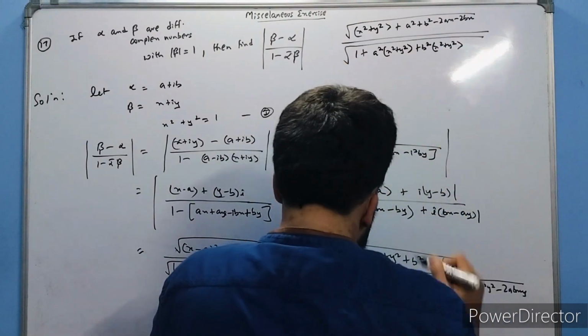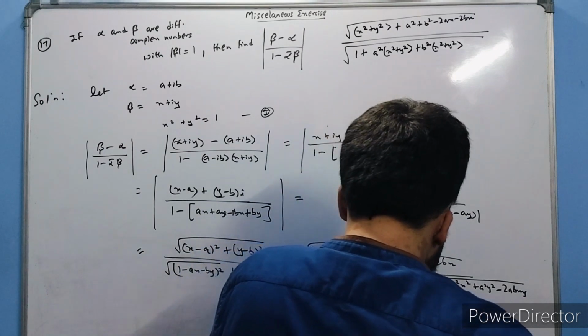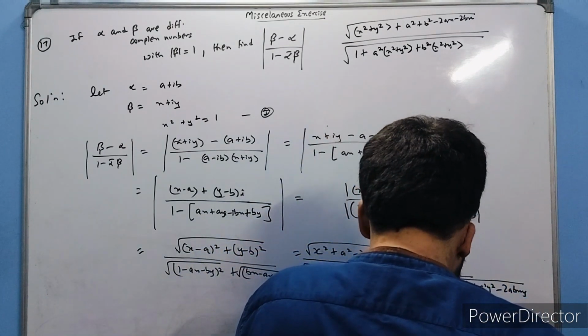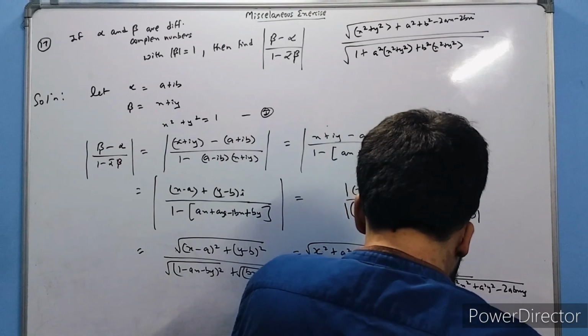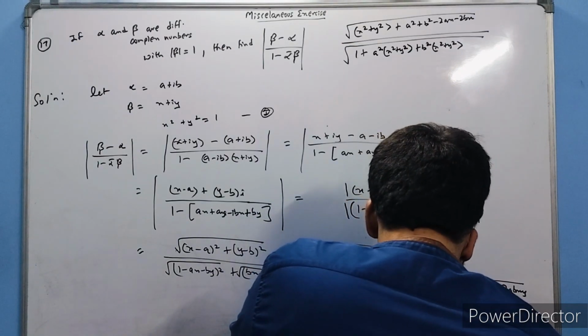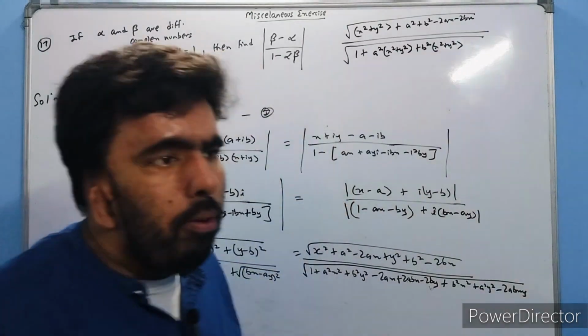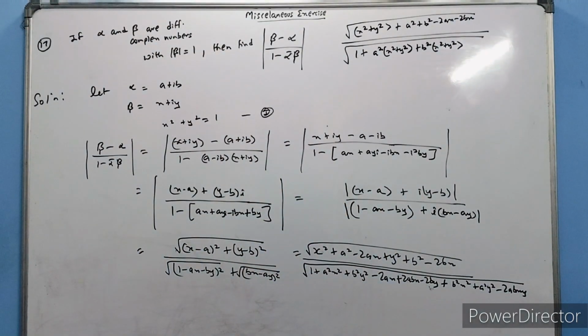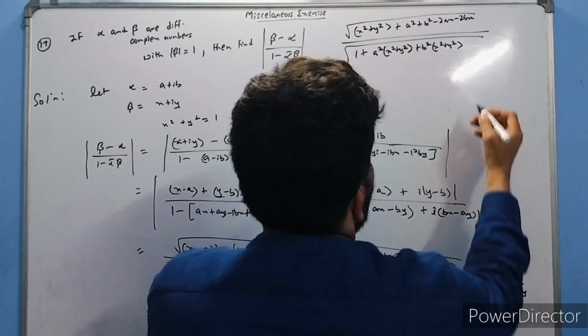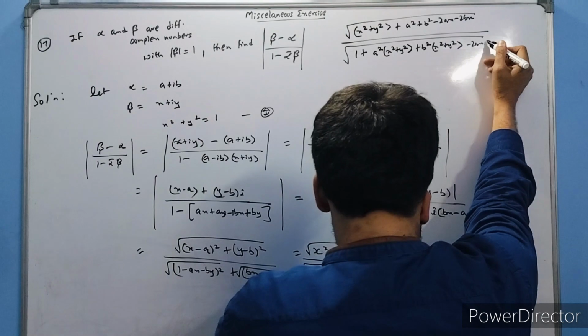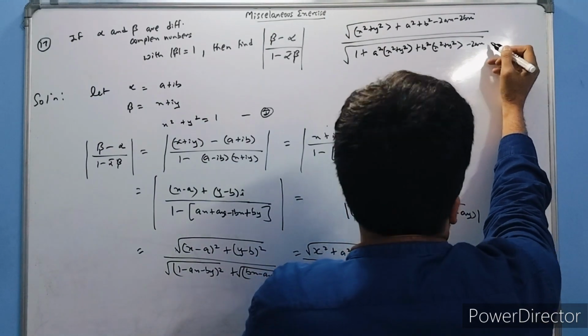Okay, then we have the same thing, minus 2ax, and here plus 2abxy. Let us see how we can solve this. Now it will be reduced by this, so we have left here minus 2ax, then minus 2by.